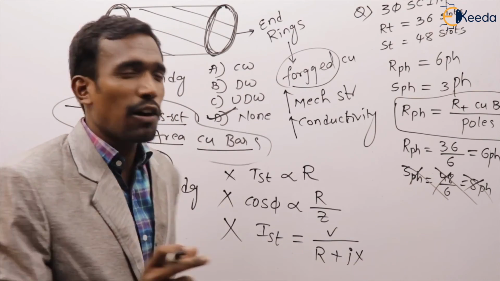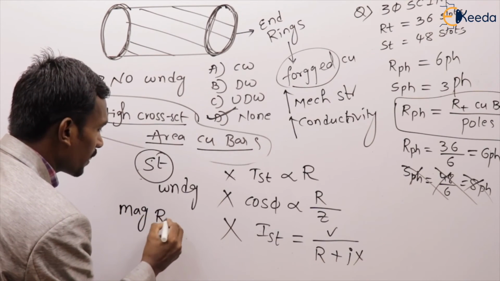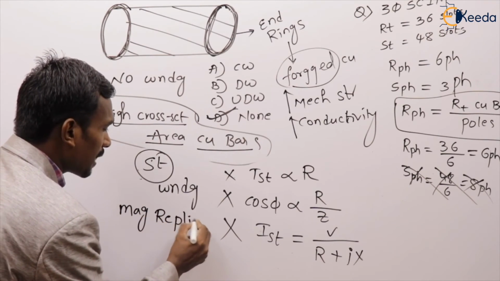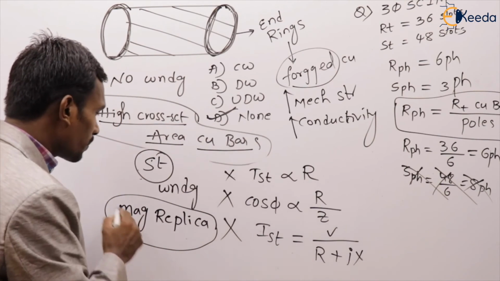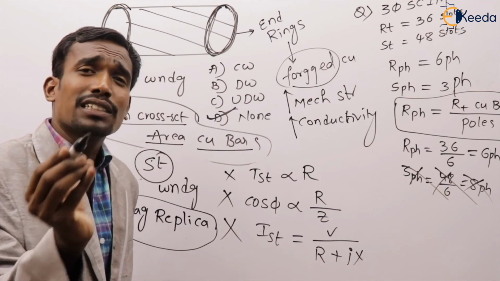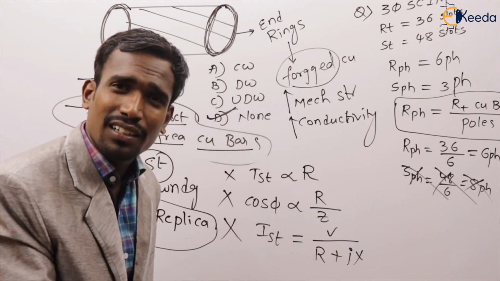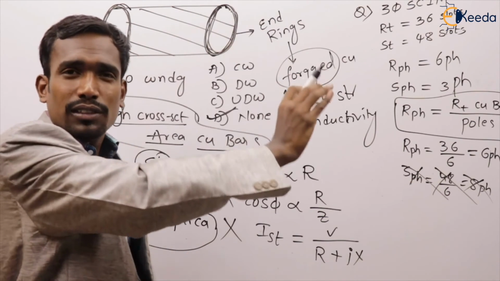That is simply called the magnetic replica. Due to this magnetic replica, automatically the poles are induced in the rotor, exactly equal to the stator poles.